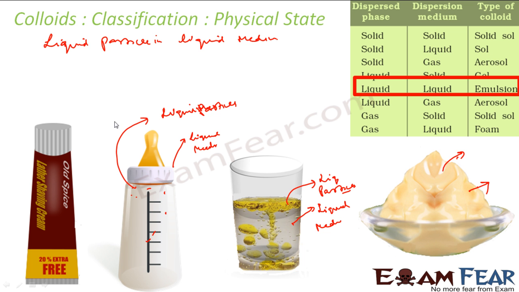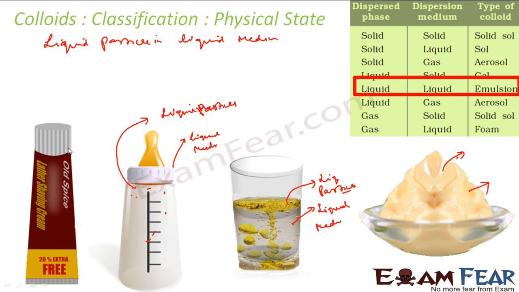If you talk about these creams which we use, right, shaving cream or face cream, that also has liquid particles, because when you rub on your face, you don't get any solid particles. If it had solid particles, you would see that solid thing. Some face wash nowadays has some solid particles. You must have seen, right?